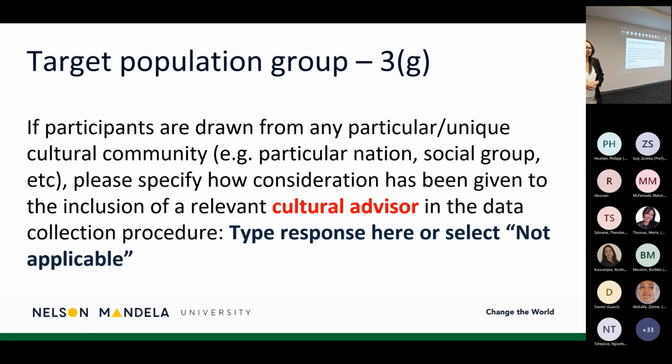For example, a white psychology student wants to go into an African community and see how they feel about something. Is it okay for that person to go into that community? You need to show us as the researcher why it's okay.